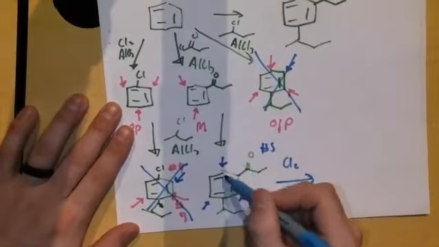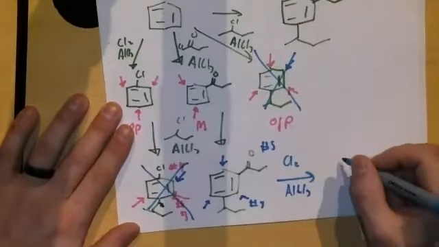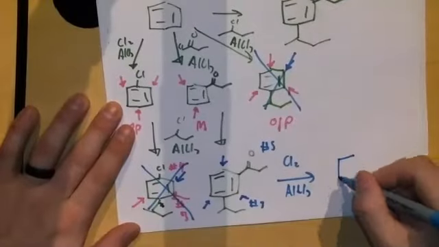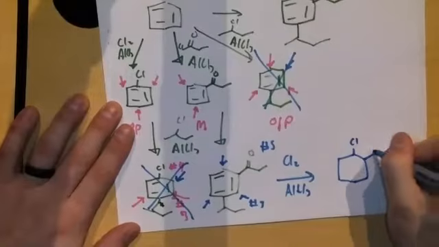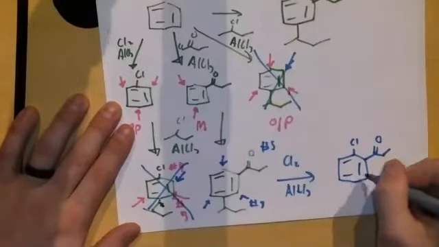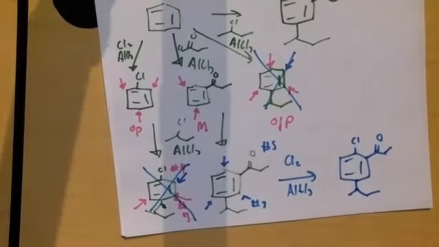Most likely we're going to end up adding at this para position. These two orthos are pretty blocked. Then we're able to get our desired product in this one. So usually these are just a matter of putting things in the correct order.